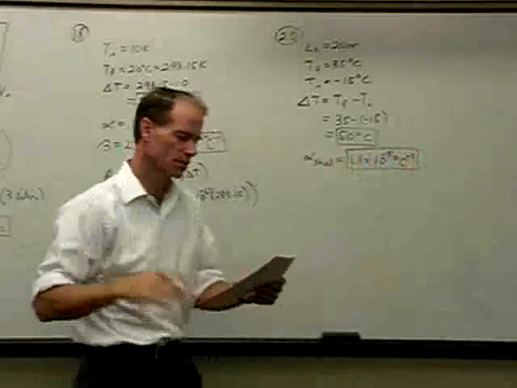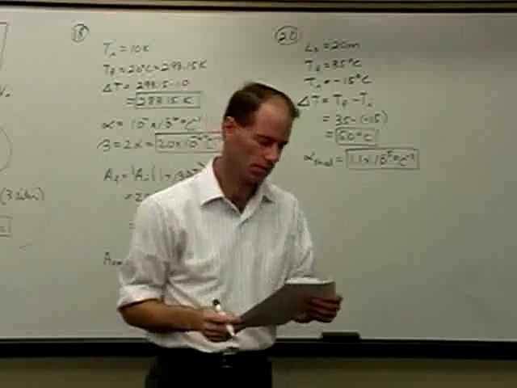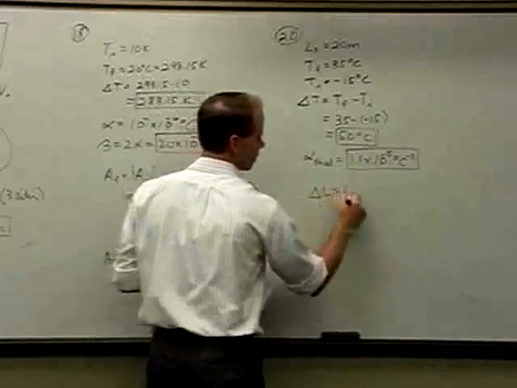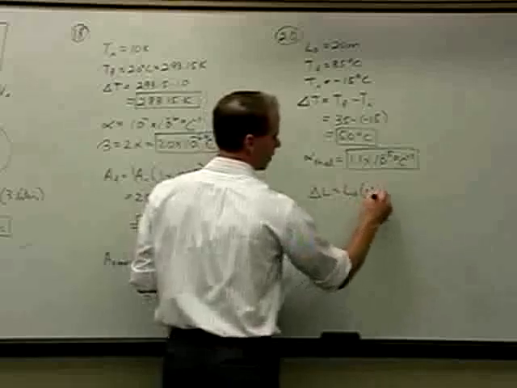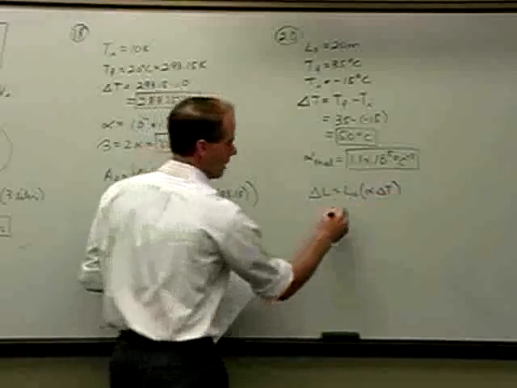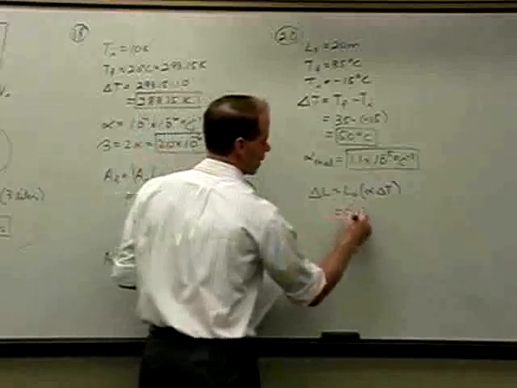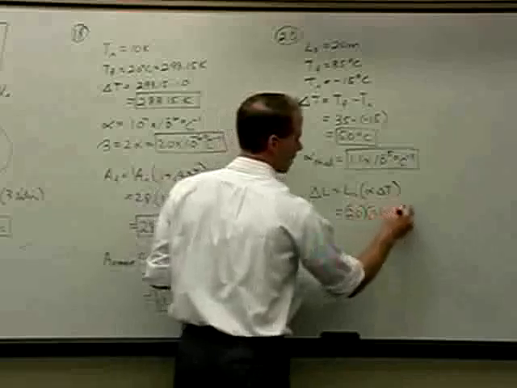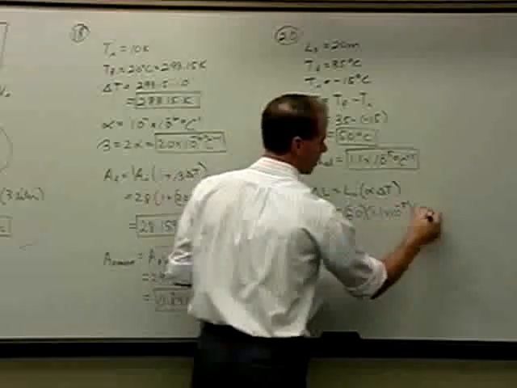So this is just a one-dimensional expansion. So we'd say that our change in length will equal our original length times the linear coefficient times the change in temperature. And that will be 20 times 1.1 times 10 to the minus 5 times 50.